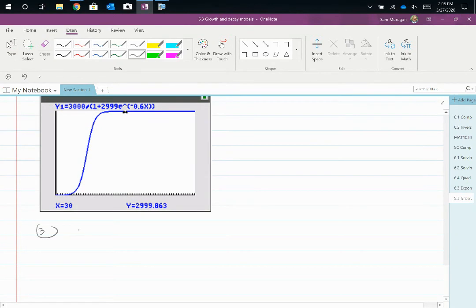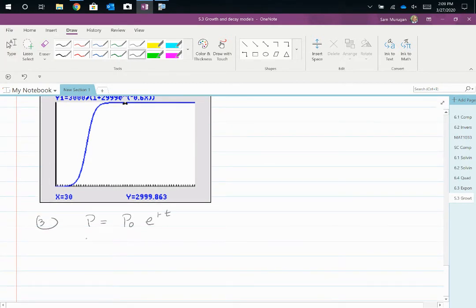First, let's use P, it doesn't matter what we use, P0 e to the power rt, the general model. And we're told that the population after 4 days is P equal to 90.2%, which we have to convert to a decimal, so 0.902.